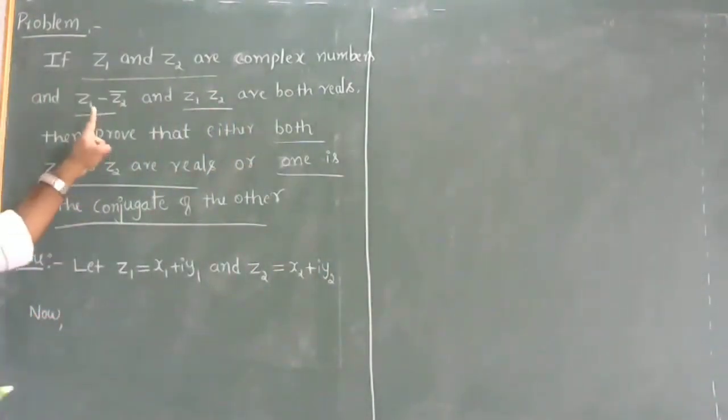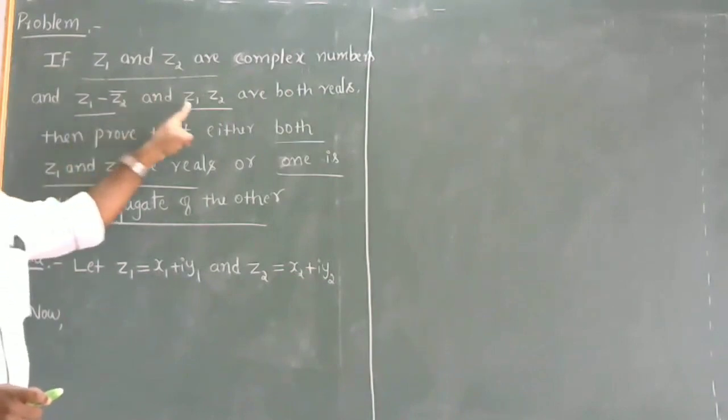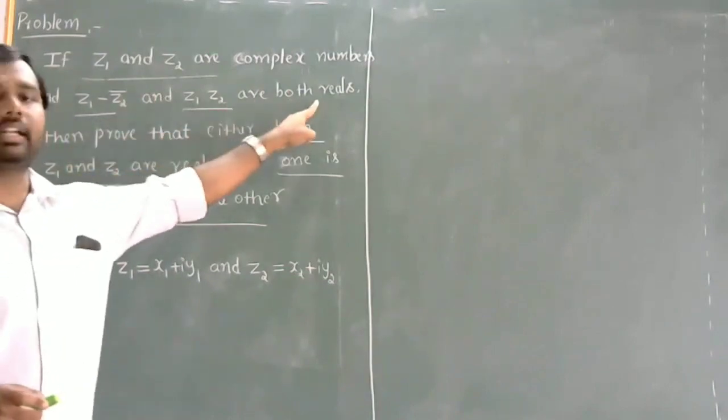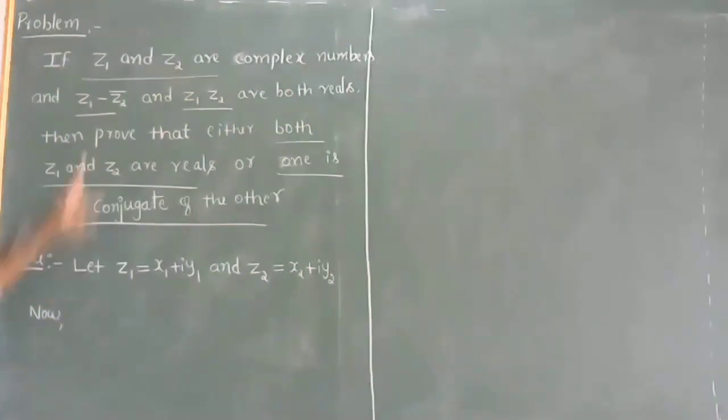Now they have given that Z1 minus Z2 bar and Z1 into Z2 are real numbers. So, first we shall evaluate these two using Z1 and Z2.